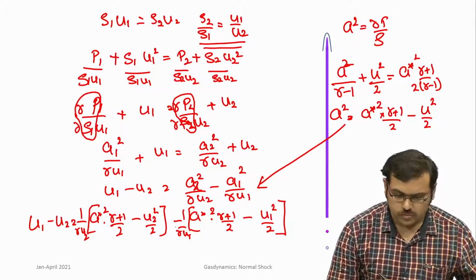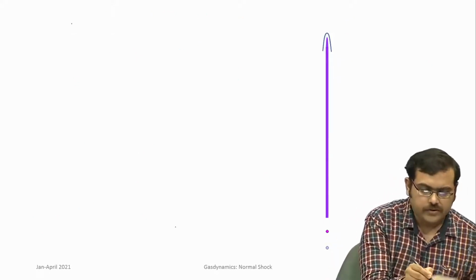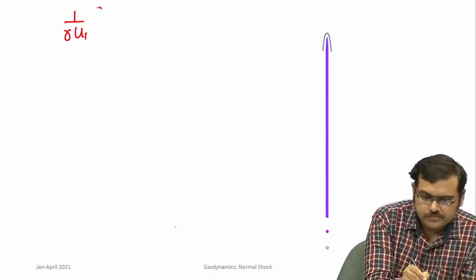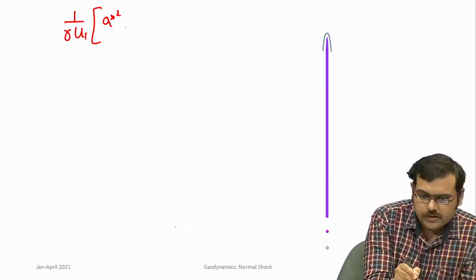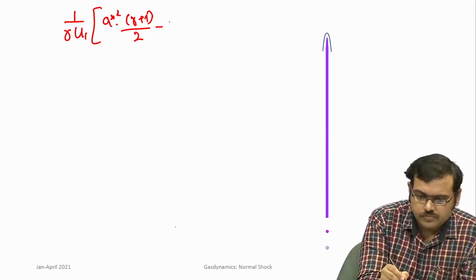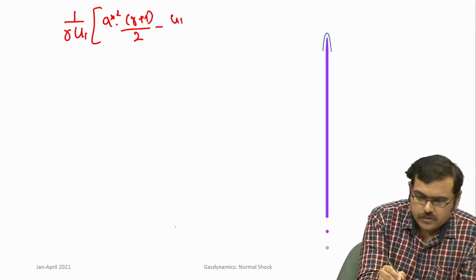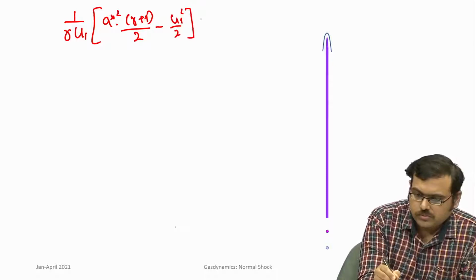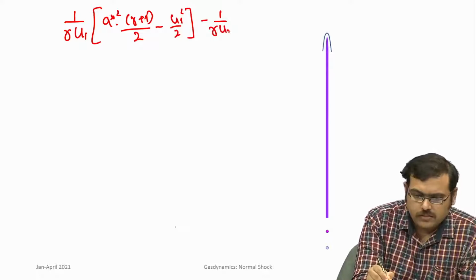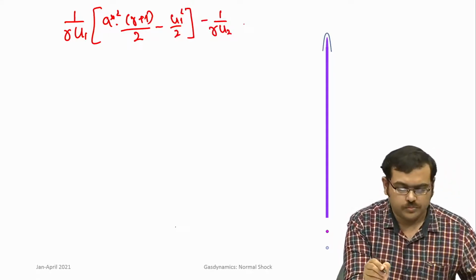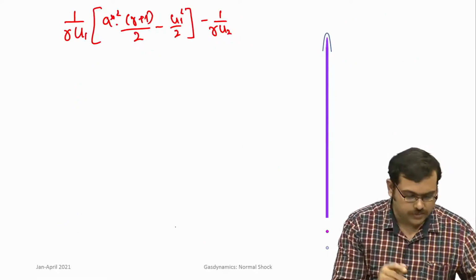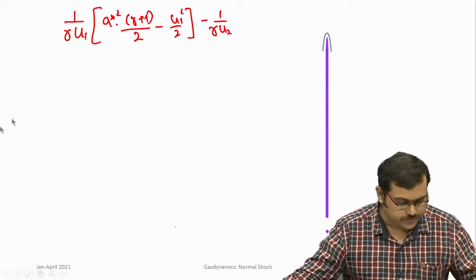We will write it here: 1 by gamma U1 A star square minus U1 square by 2, minus 1 by gamma U2. It's the other way around, so let me just erase this.